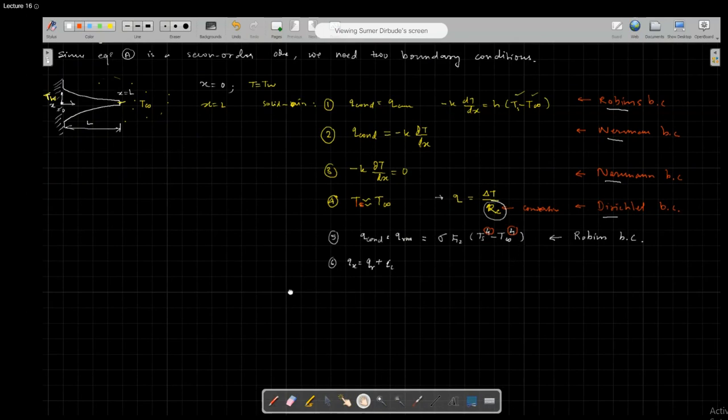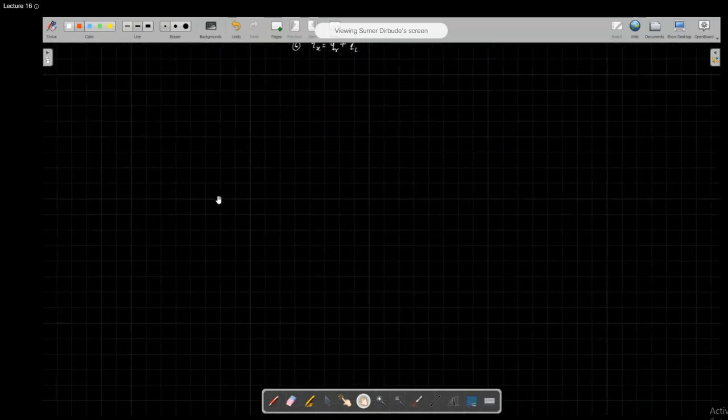So non-linearity doesn't mean only that the governing equation is non-linear; your boundary condition also can be non-linear. If anywhere in the governing equation or boundary condition non-linearity is there, the problem is non-linear. Okay. So with this introduction, we'll move on to one-dimensional heat conduction.